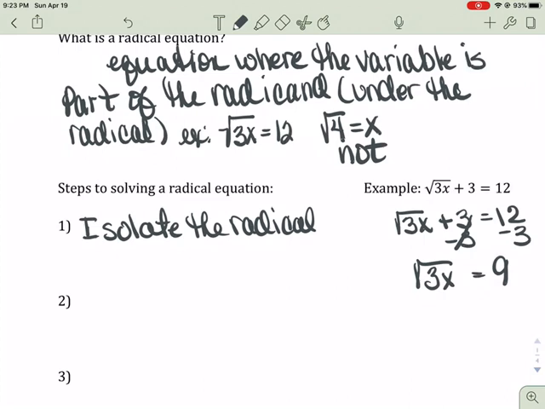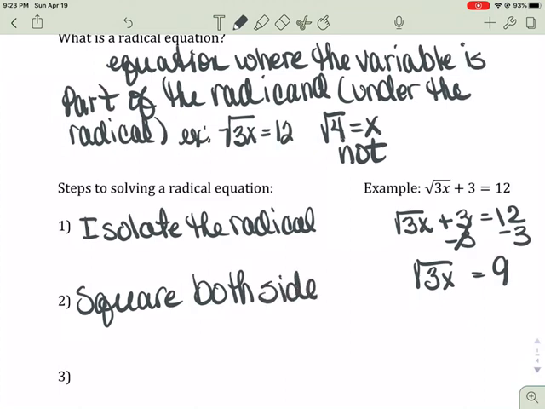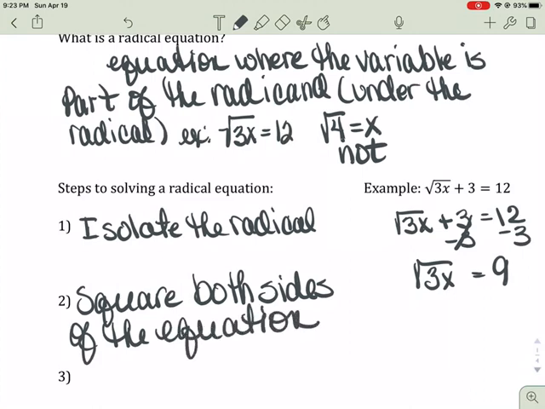Right, so our second step is that we're going to square both sides in this particular problem. Now, the reason why we're going to do that is because squaring a square root, they cancel each other out.